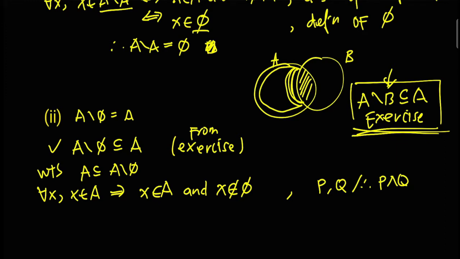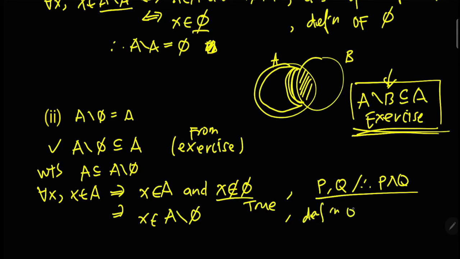Since X is always not in the empty set, this is always true. But what does the second statement mean? X is in A and not in the empty set. Well, that means that X is in A except the empty set, by definition of the complement.